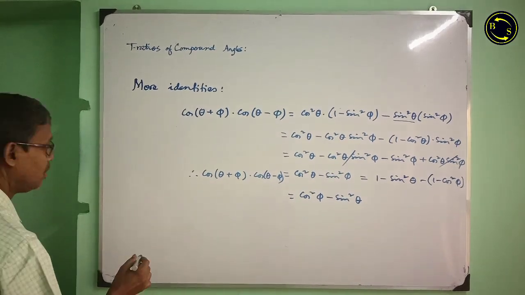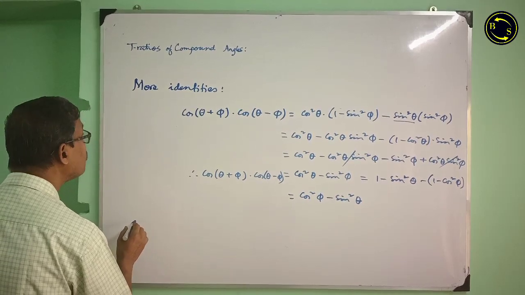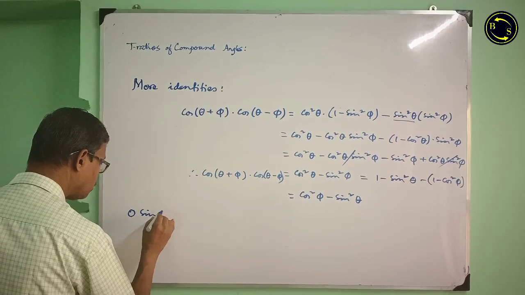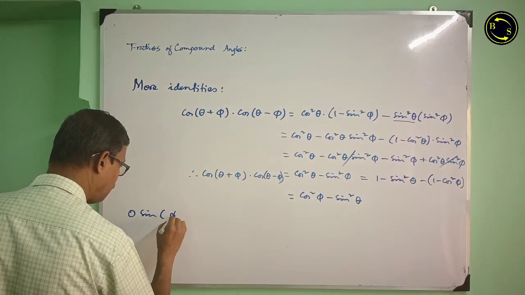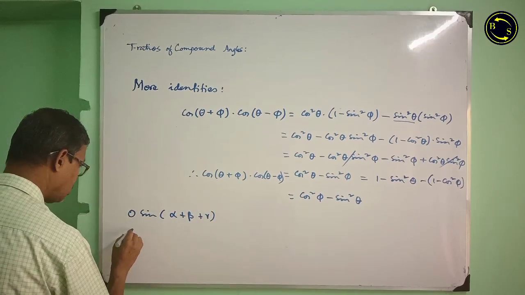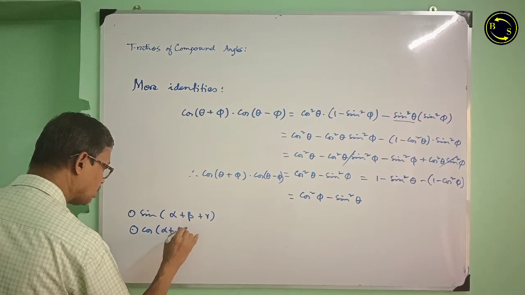Next, we can deduce easily the trigonometrical ratios of sine of, say, alpha plus beta plus gamma, and cos of alpha plus beta plus gamma.